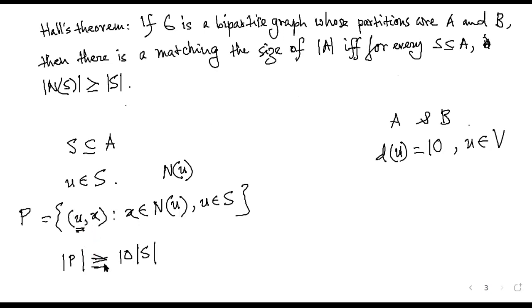So U occurs here 10 times in this set, and corresponding to each U, you get one of these.